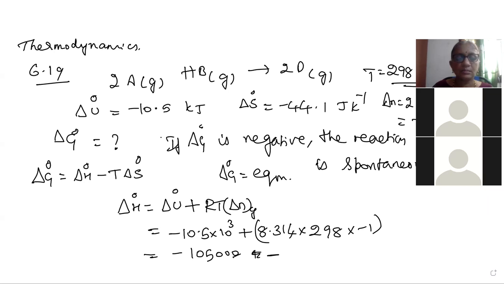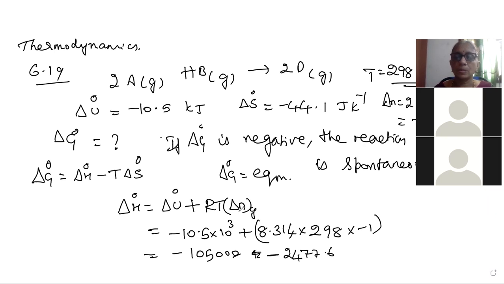What is the answer? 2477.57, so we can say 2477.58, and rounding off we can write 2477.6.